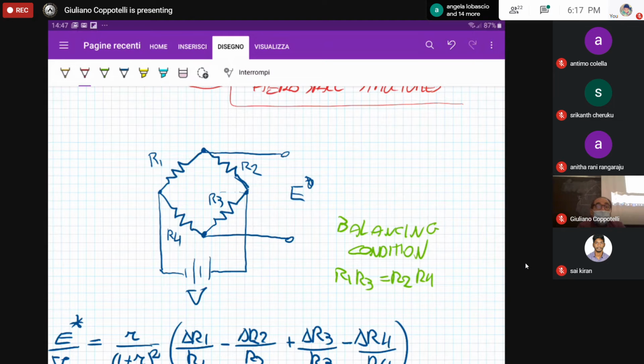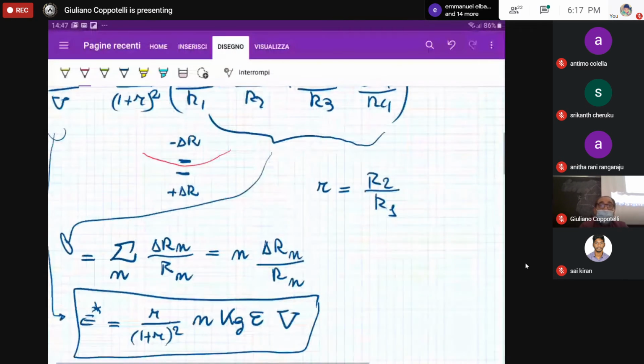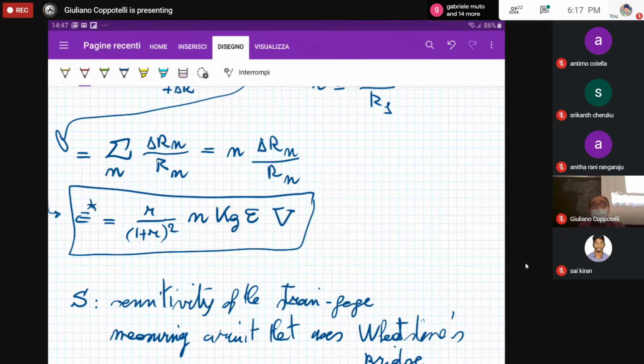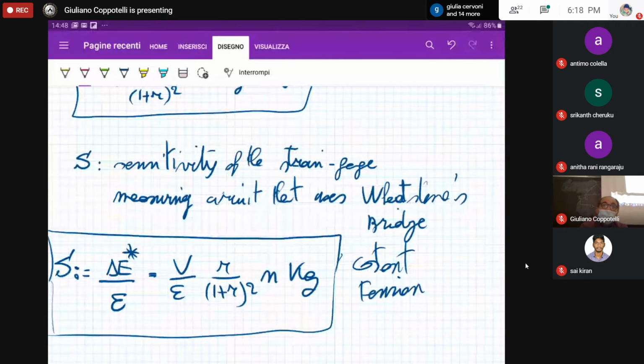Okay, R2, R3, R4, or whatever, so that the balancing condition is met. You can play with R2, R3, and R4, but you have to be sure that R1 times R3 is equal to R2 times R4, because we have to start with the balancing condition. However, it is your strain gauge measuring condition.